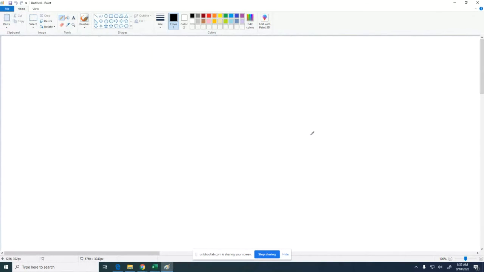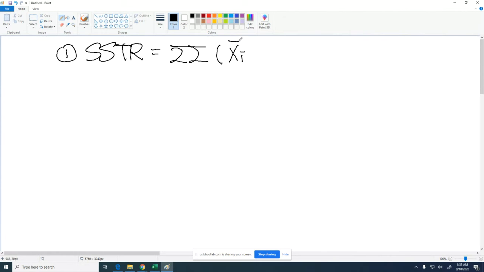So far, I gave you two sums of squares. The first one was SSTR. Let me take the double summation of xi bar minus x bar squared.